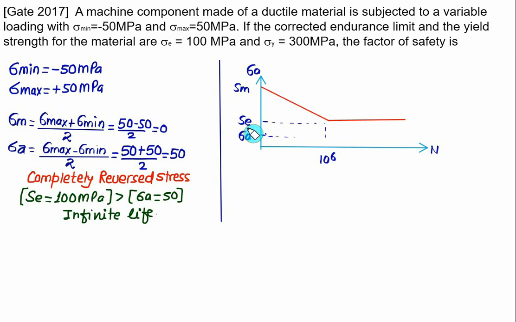Endurance limit is equal to 100 megapascal and the amplitude stress equal to 50. Since 50 is less than 100, we have infinite life. In this case, factor of safety N is given as endurance strength SE divided by amplitude stress sigma A, which is equal to 100 divided by 50. So we have factor of safety equal to 2.